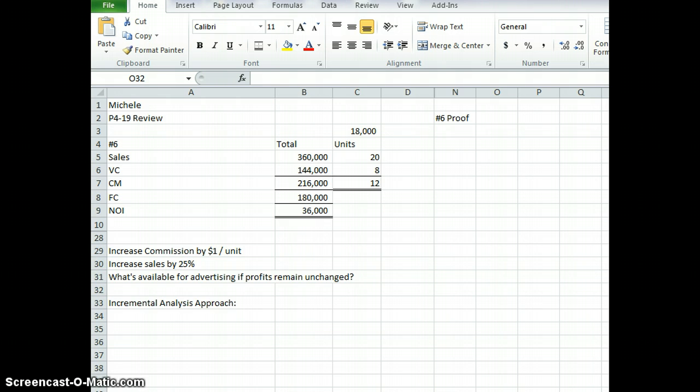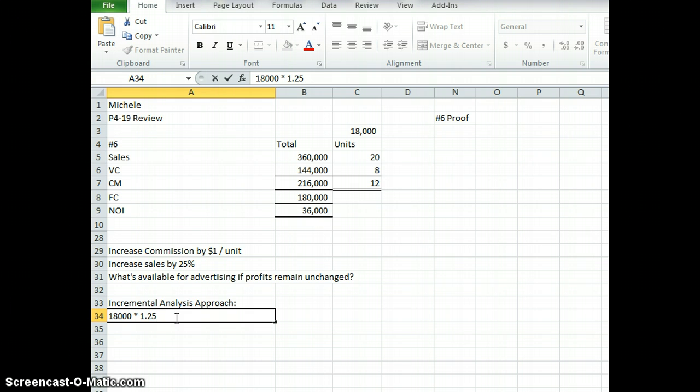So let's go ahead and start this problem using the incremental analysis approach, and then we'll come back to a proof. So we're going to start with our original data. Our original data were 18,000 units. And we know that we want to increase our sales by 25%. So if we take 18,000 units times 1.25, that would reflect a 25% increase in sales.